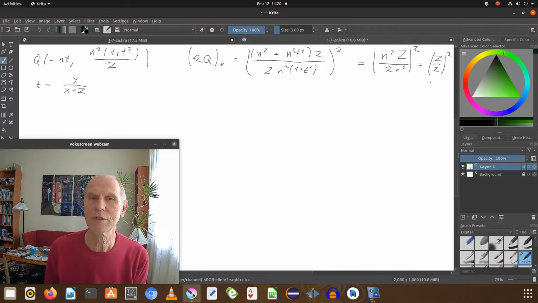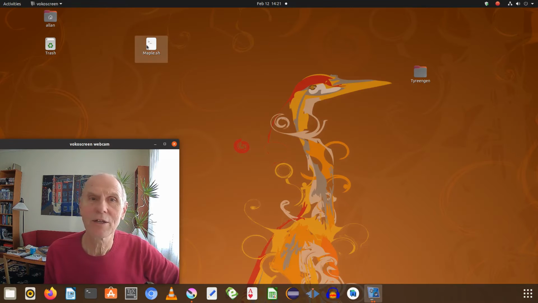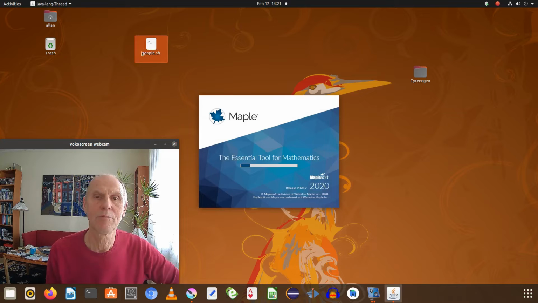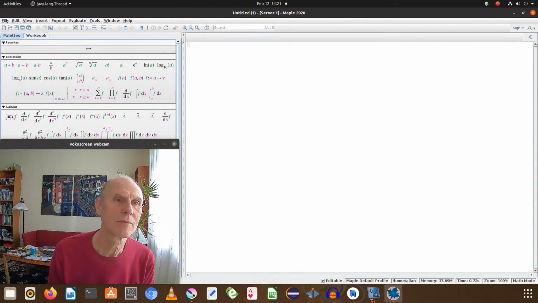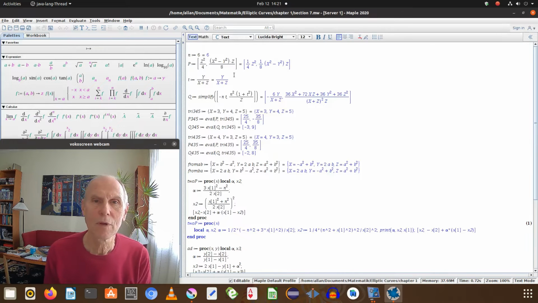That was, as far as I remember, exactly the x value. I just need to check the Maple file again. So that's p z squared fourth, right.